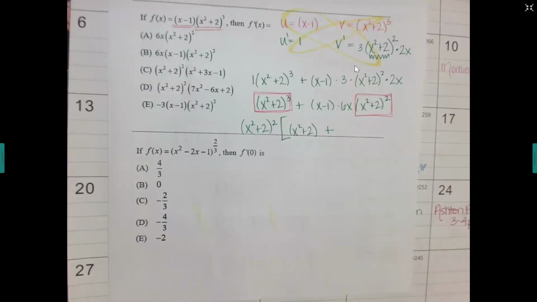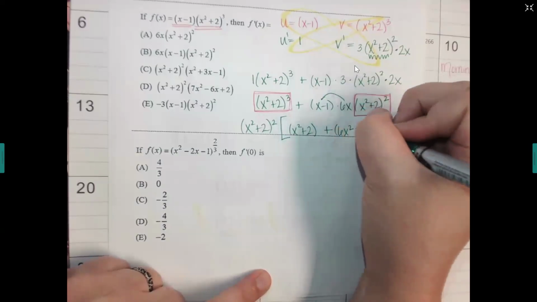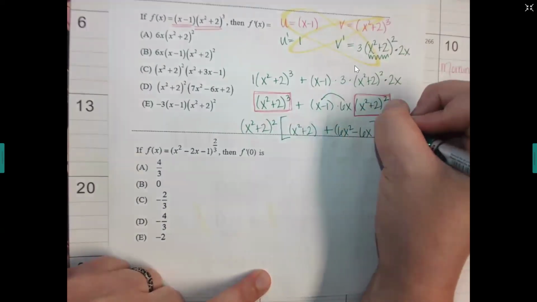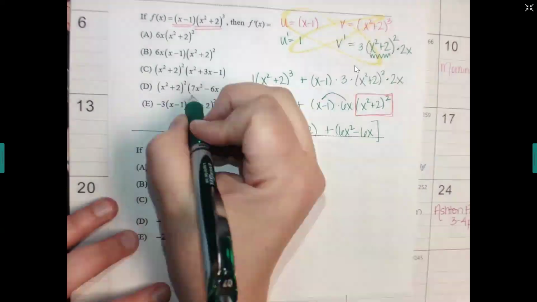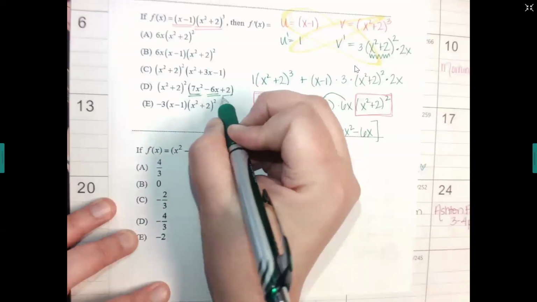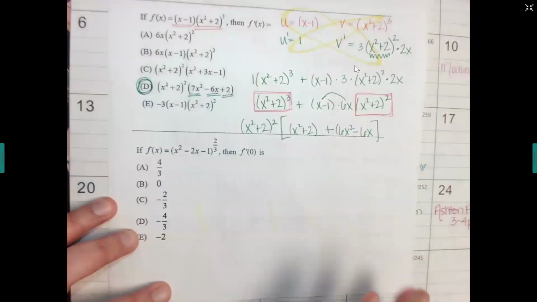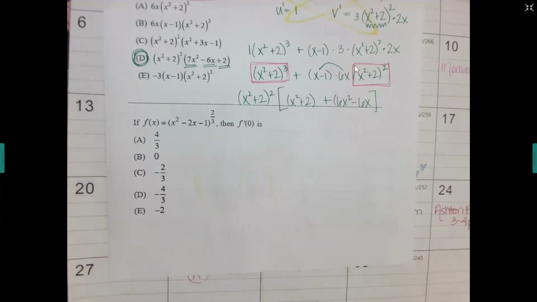So what's 6x times x? 6x squared. And then a minus 6x. And then from there, you can see, oh, my x squared here and my 6x squared here, those are going to combine to be what? 7x squared, then minus 6x, then plus 2. So it would have to be that one. Okay. All right, let's check the next one.